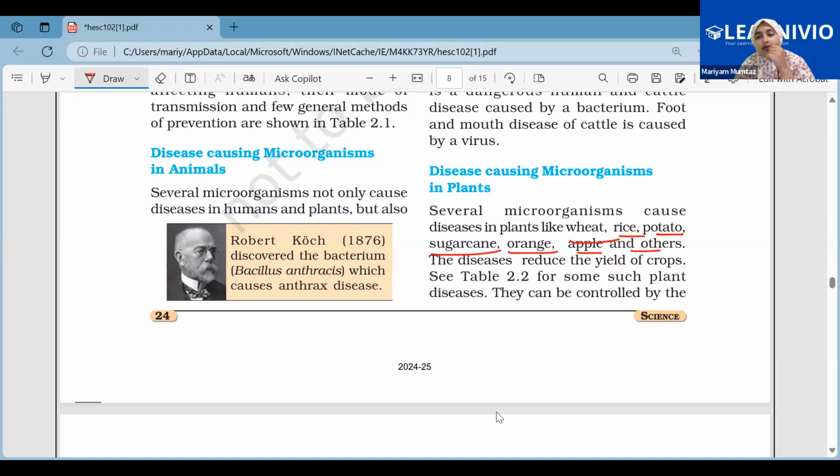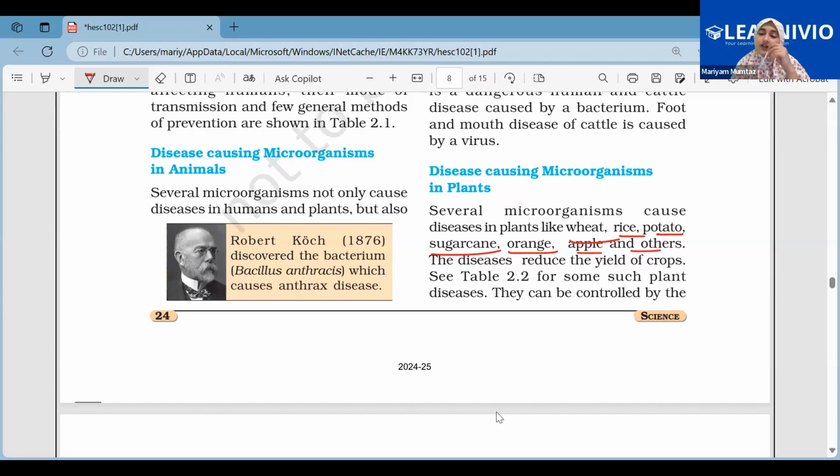Very good. There was also one question: who discovered the dead cell? So Robert Hooke discovered it. And then, how do you see microorganisms? So I wrote microscope.